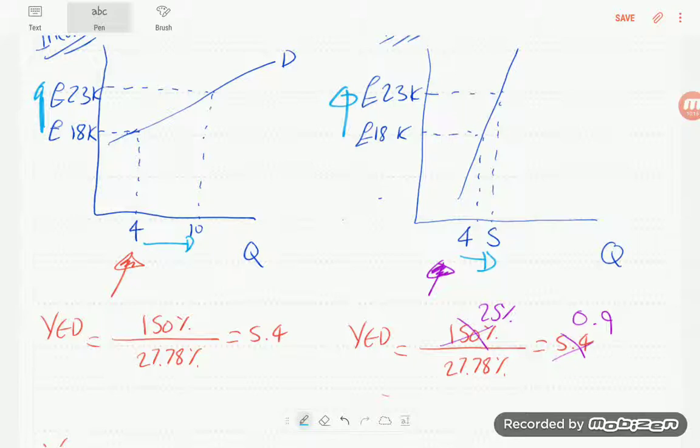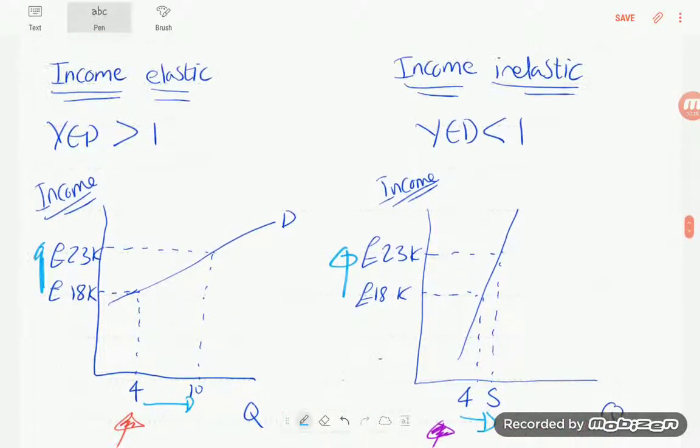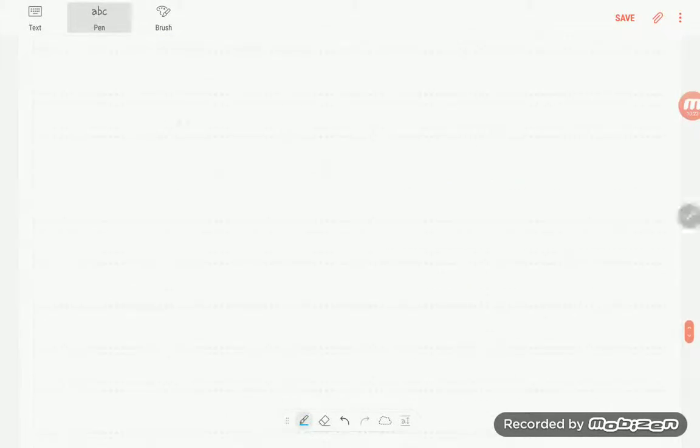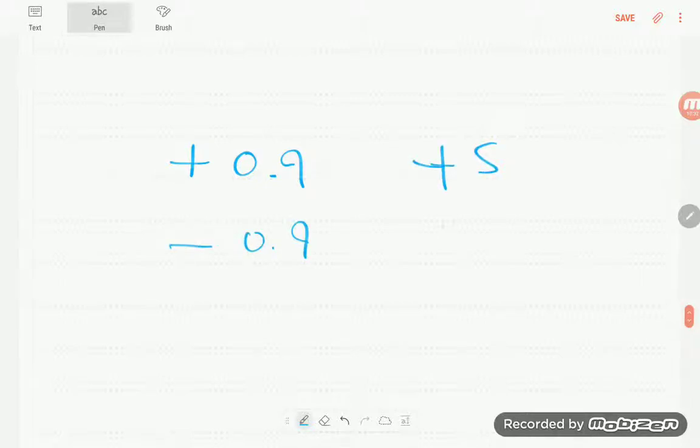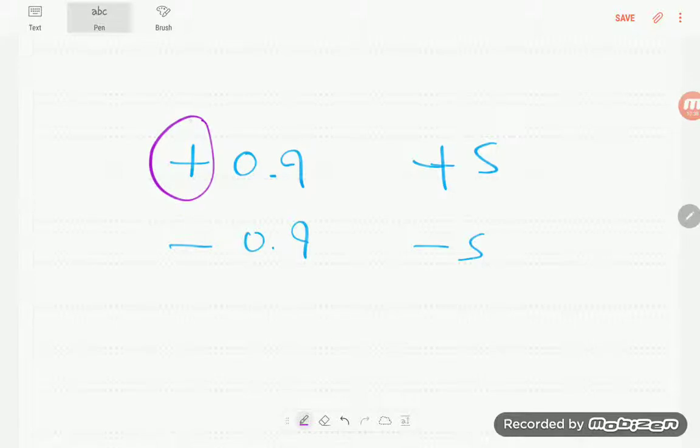So there's a couple of things that I need to talk to you about regarding this. I'll just scribble these here at the bottom of the page. If the number is plus 0.9 or minus 0.9 or plus 5 or minus 5, what we have to do is always separate the sign from the size all the way along.